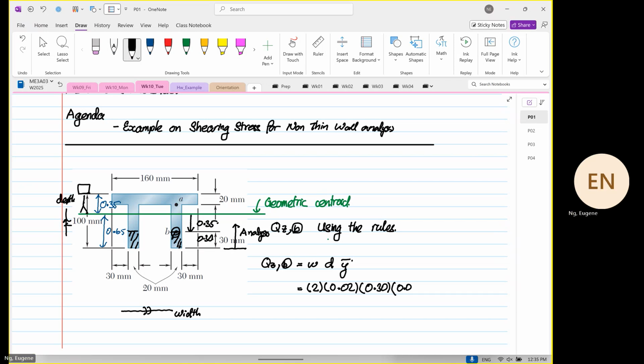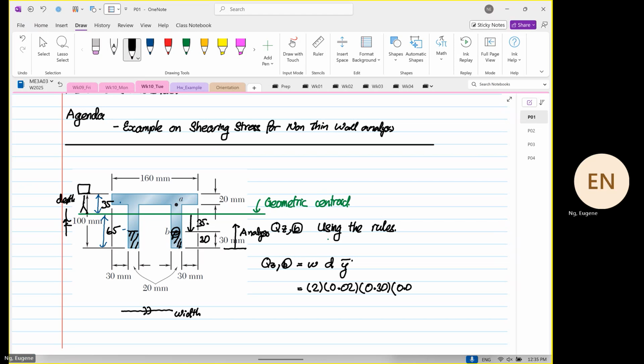Oh yeah. In a rush again. You know what? Let's do all this in millimeters, okay? So this is 35 millimeters. This is 65 millimeters. This is 30 millimeters. And then finally down here is 35 millimeters.